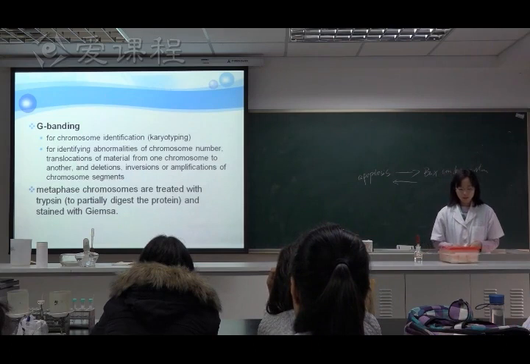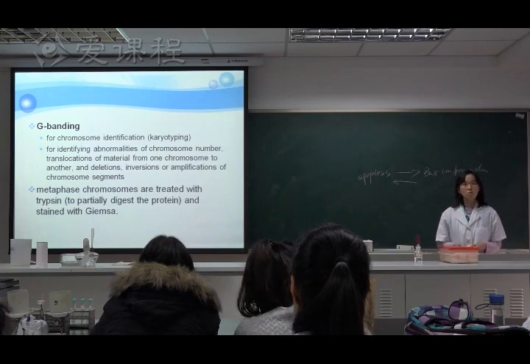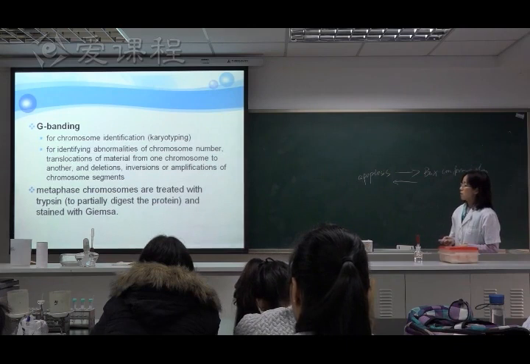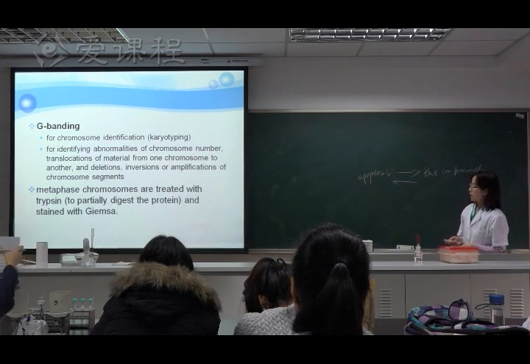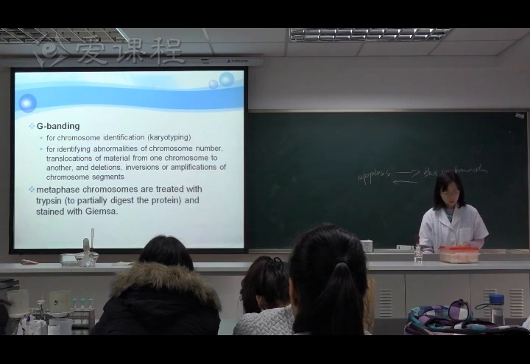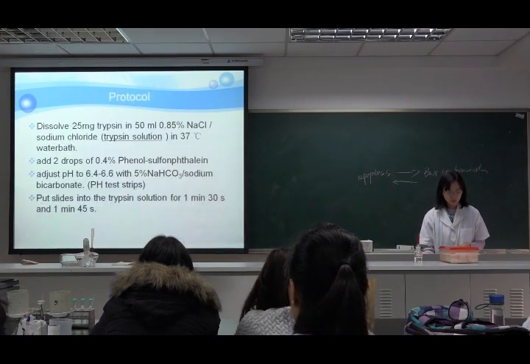And how do we do the G banding? We harvest the metaphase chromosomes, treat them with trypsin to partially digest the protein, and stain with Giemsa. So this is the G banding we should do.